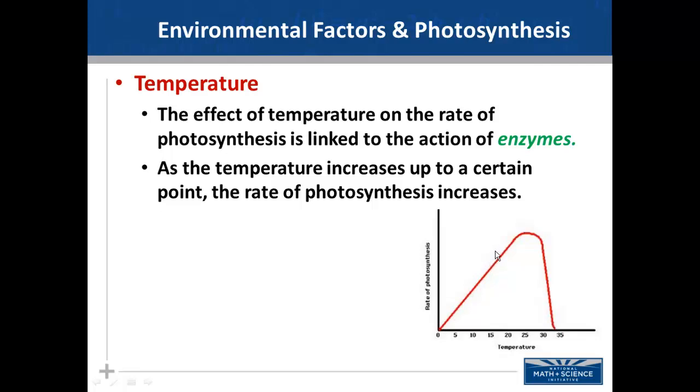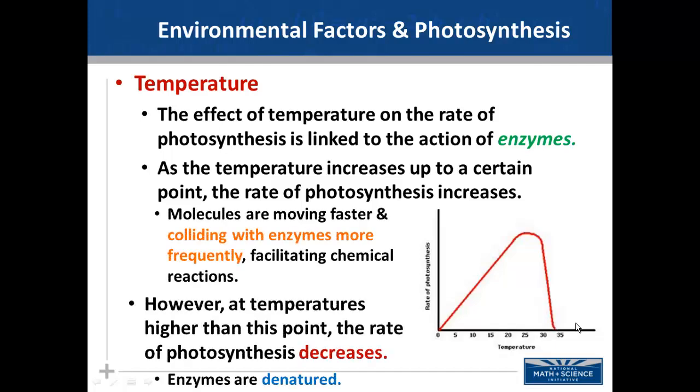Okay? But that doesn't happen forever. What's going on here at about 30 degrees Celsius? It drops off. This is what we were talking about on the previous slide. The reason why it goes faster and faster initially as temperature increases is because molecules move faster at higher temperatures. And this all just has to do with kinetic energy.